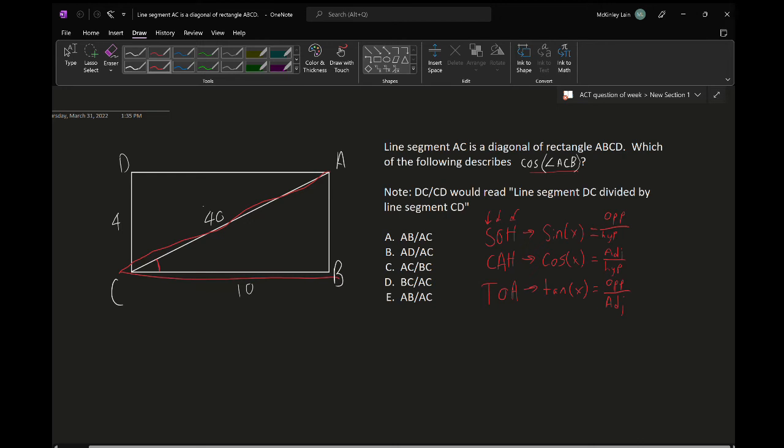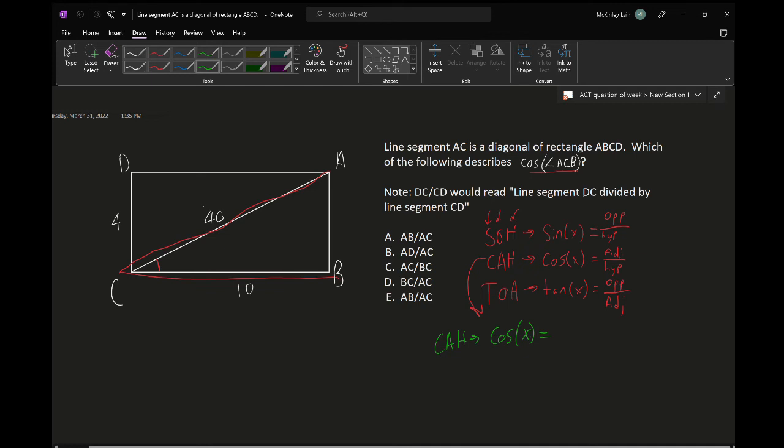Now, cosine, we're going to take this down here and see what we get. So if we do CAH, we end up with cosine of that angle is what we're looking for.